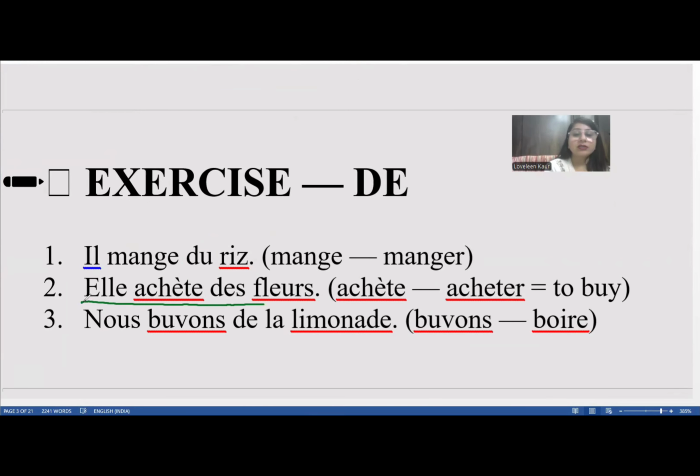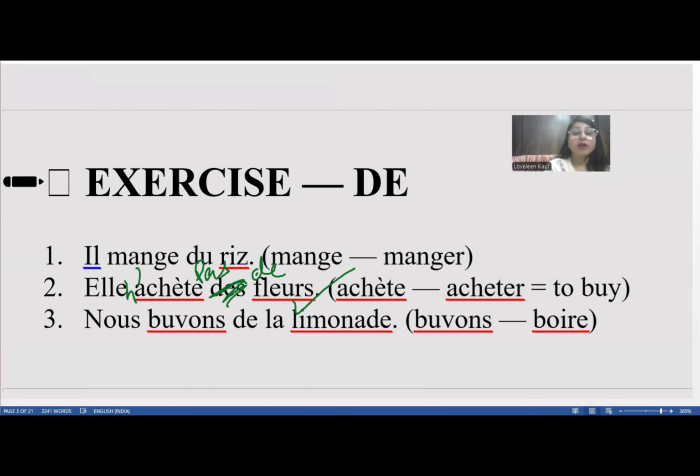Now, elle achète des fleurs. Achète is what now? It's the acheter verb, meaning to buy. So elle achète des fleurs. She buys flowers. So we'll say elle n'achète, with an apostrophe. Elle n'achète pas de fleurs. Fleurs will remain plural only. Elle n'achète pas de fleurs.